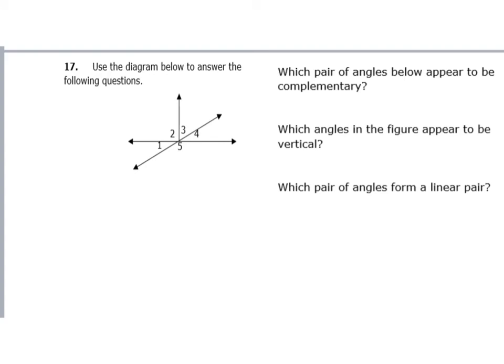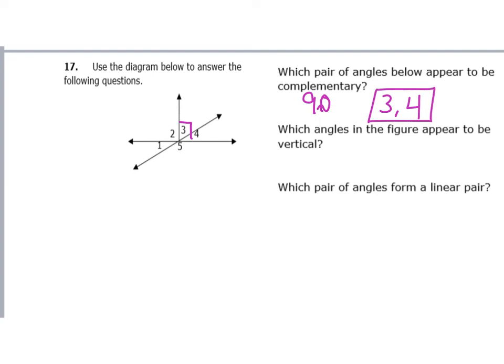Okay. Number 17, use the diagram below to answer the following questions. Which pair of angles appear to be complementary? Remember, complementary means 90, so I'm looking for angles that when I put them together, they look like they will make 90. So that would be angle 3 and 4. Which angles appear to be vertical?